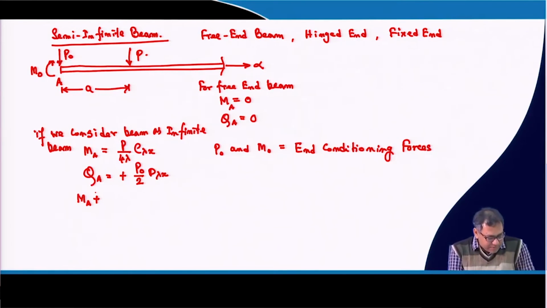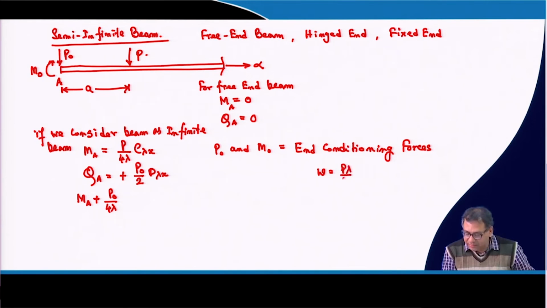So the moment due to P0 will be equal to P0 by 4 lambda. For the concentrated load, I can write that W due to the concentrated load is P lambda by 2K into A lambda x, slope is minus P lambda square by K into B lambda x.